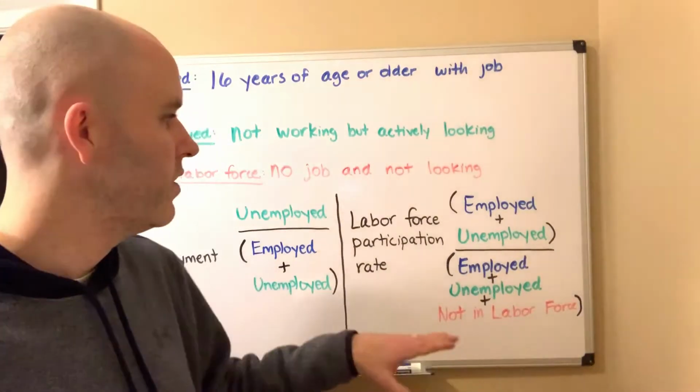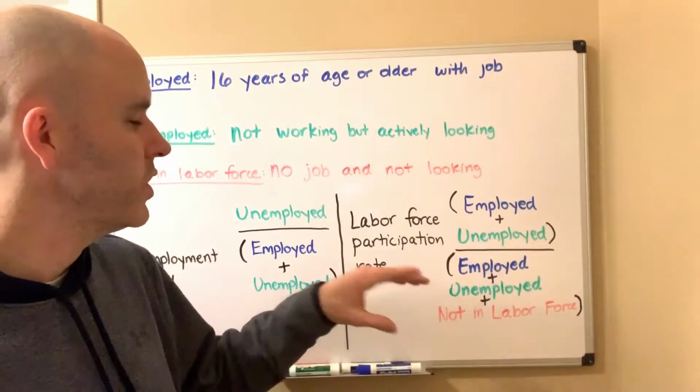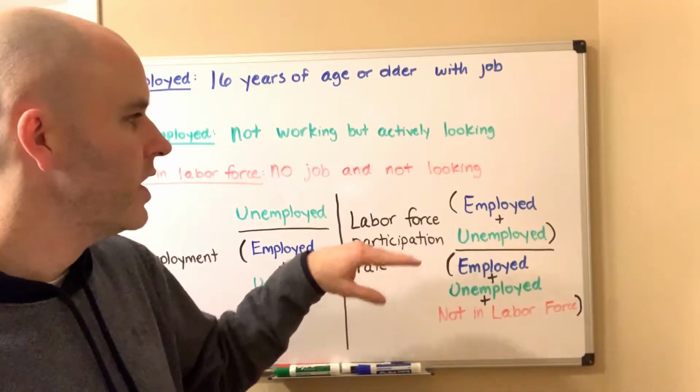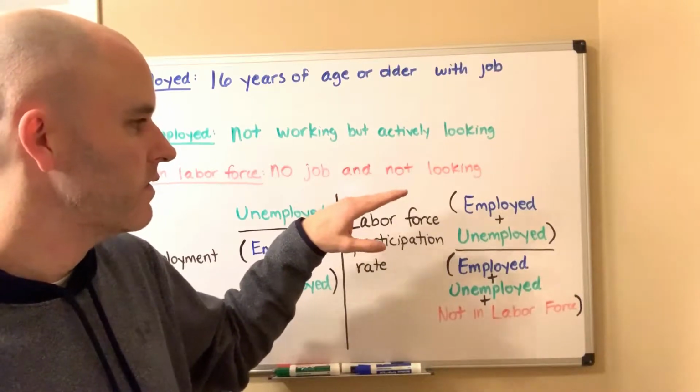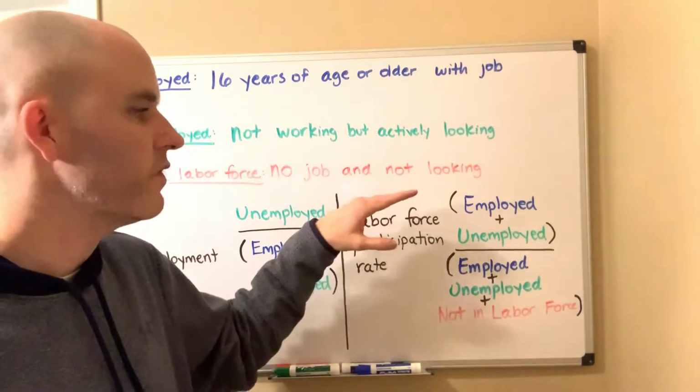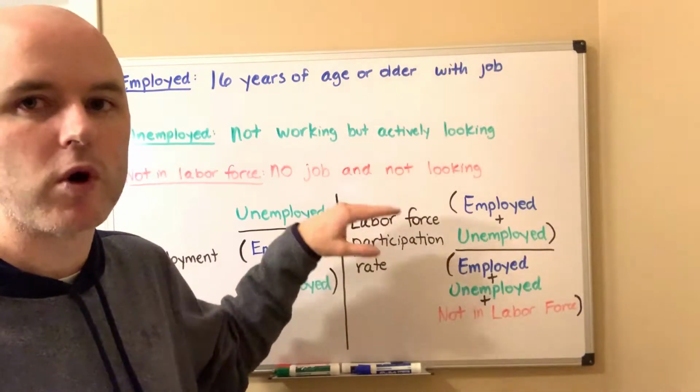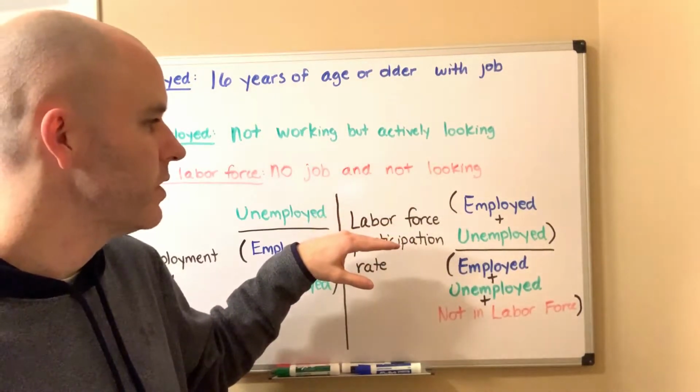So obviously you want the ratio of productive people to, in this case, non-productive, producers to non-producers, to be in favor of the producers. You want more producers within that ratio.